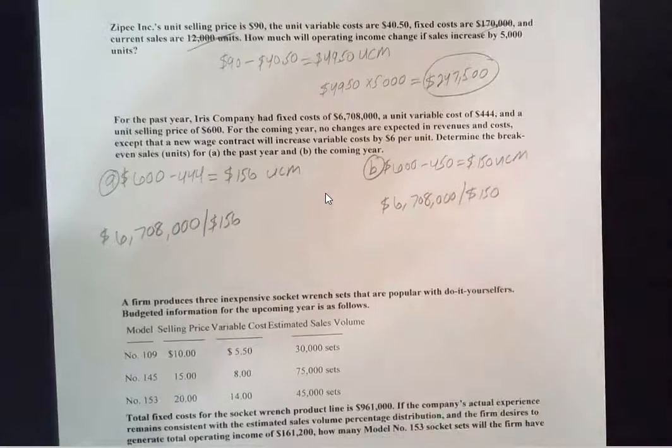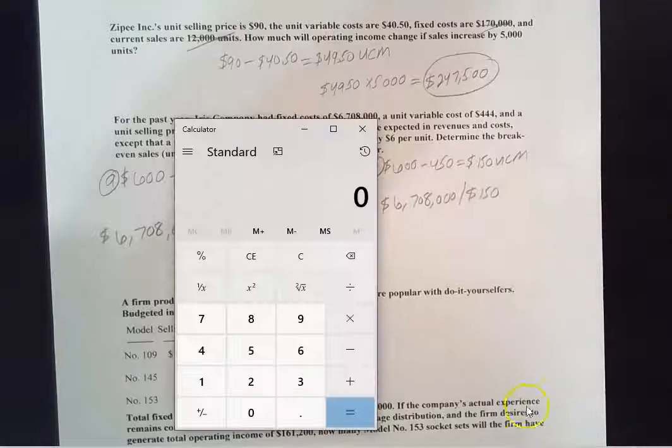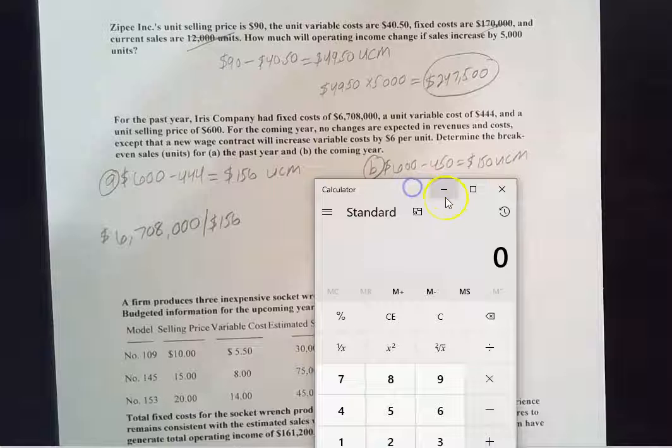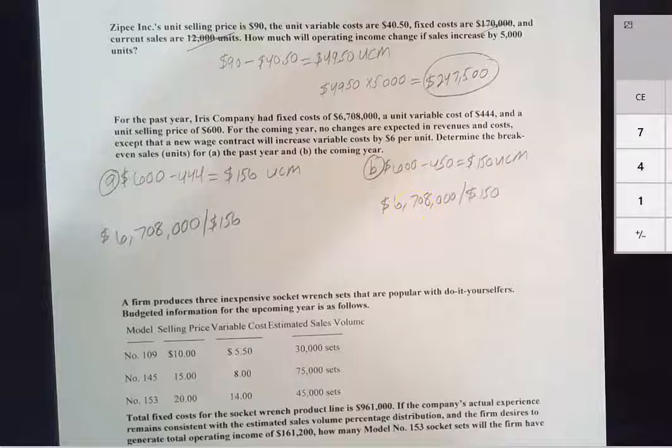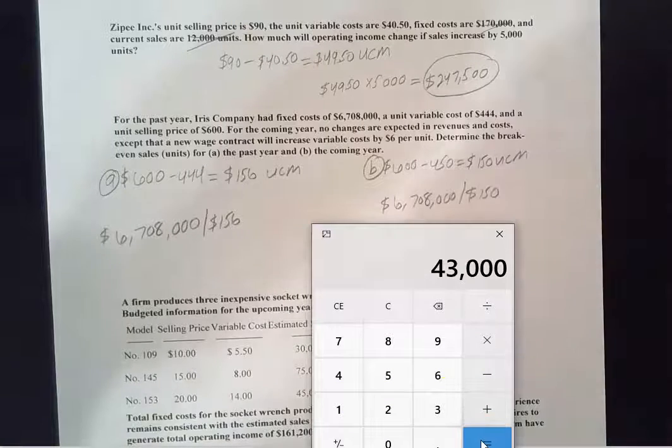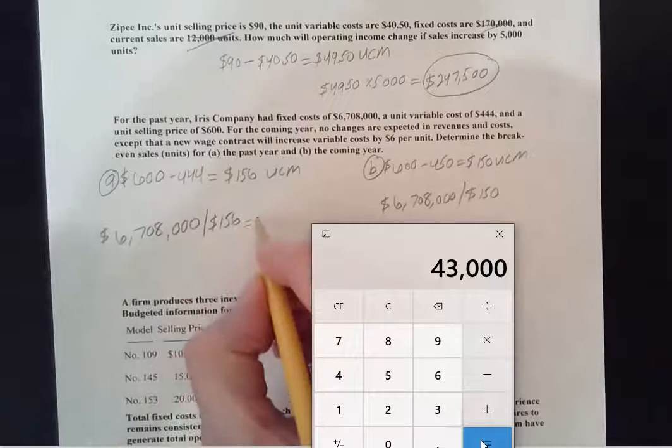So let's bring our calculator back up. And let's see here if we can move this around where we can see everything. $6,708,000 divided by 156 contribution margin for the prior year equals 43,000 units.